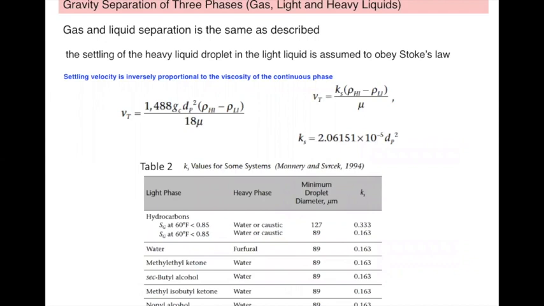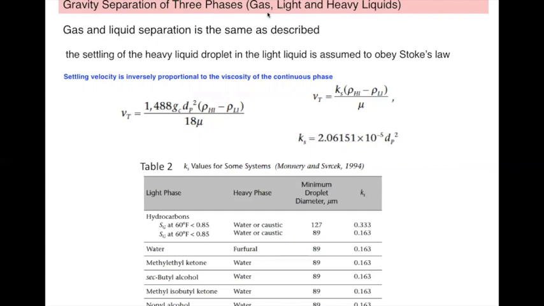Now you see, once you have gas and liquid, right, things are a little bit easy. But there may be a separation of three phases. So now here we'll discuss the separation of three phases, where we are trying to separate gas, light liquid and heavy liquid. So now you have two portions of liquid. One is light liquid and one is heavier liquid.